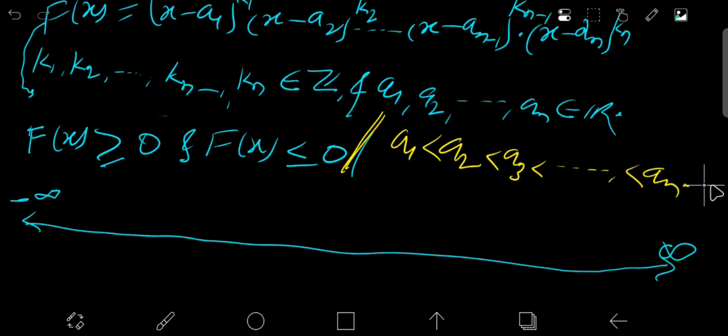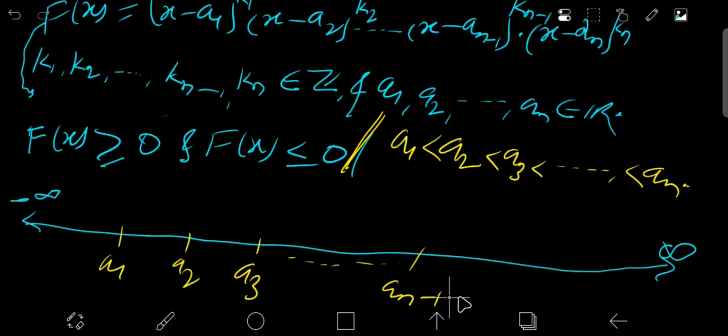This type of condition is satisfied also, okay. So a1 is the smallest number, so here we start with a1, a2 and a3. This type we take, and this side is an minus 1 and this side is an.